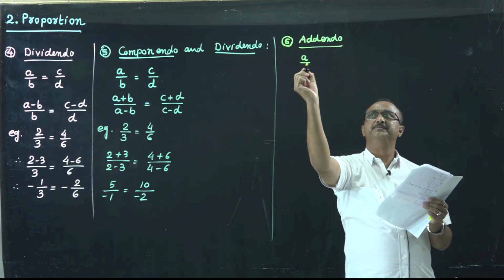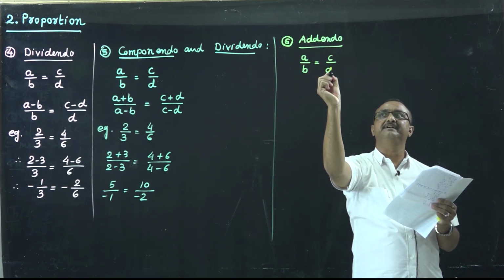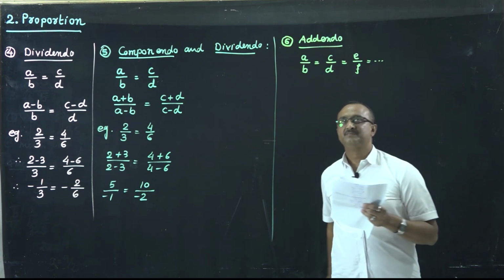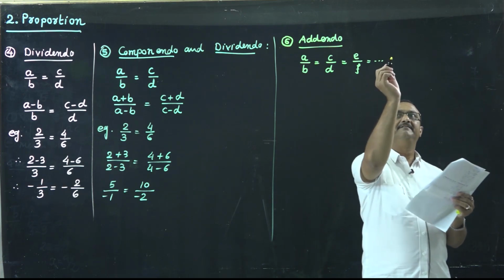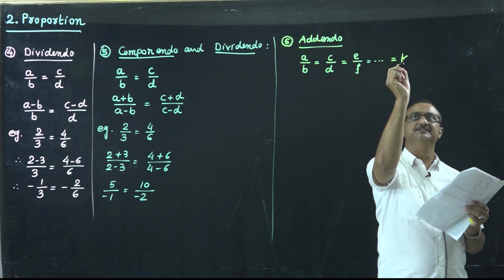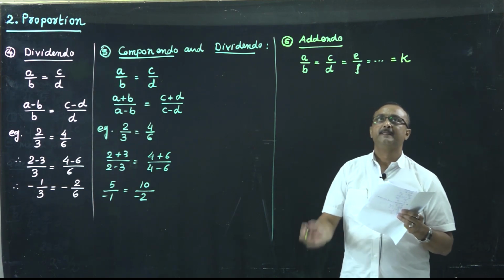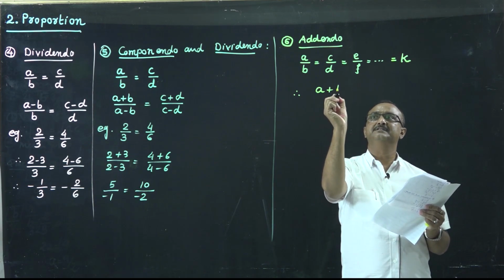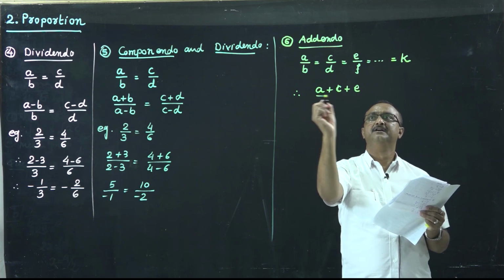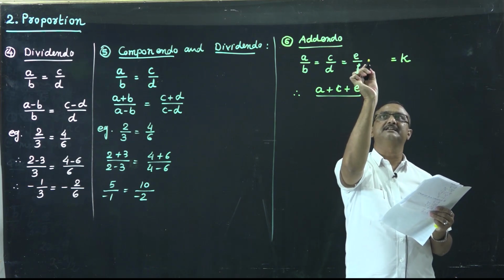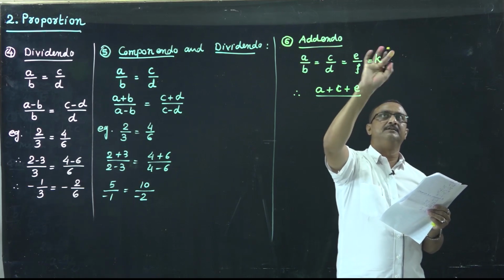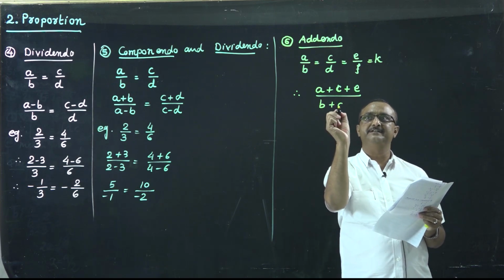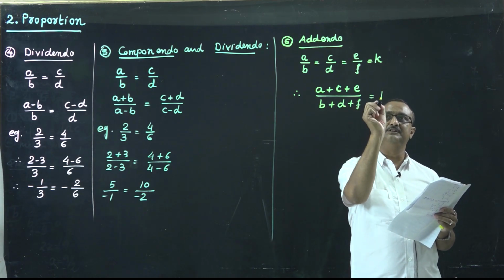If A upon B is equal to C upon D is equal to E upon F equal to till infinite is given, we can suppose this equation is equal to K. Okay, and by using this property we can write A plus C plus E upon B plus D plus F, equal to K.